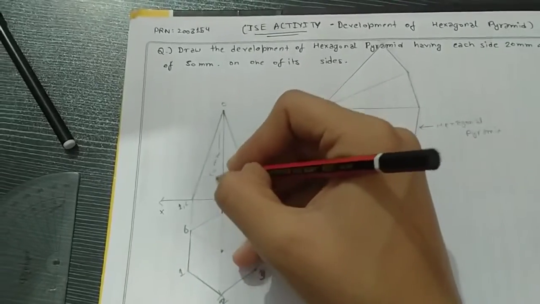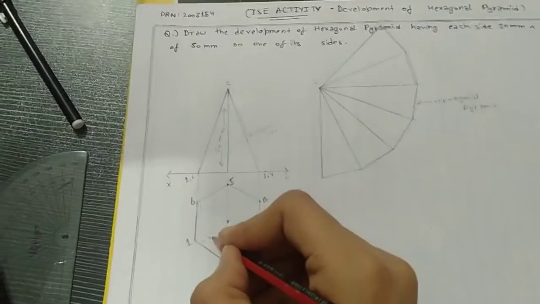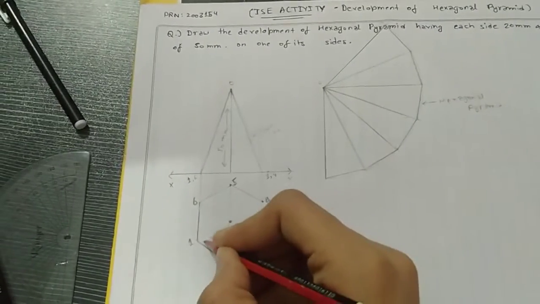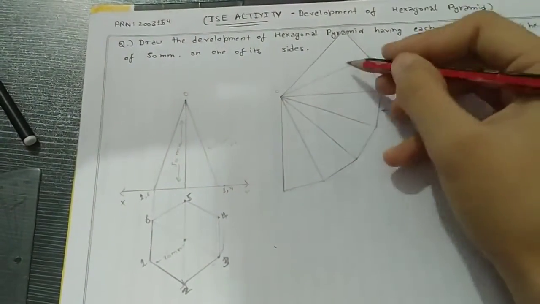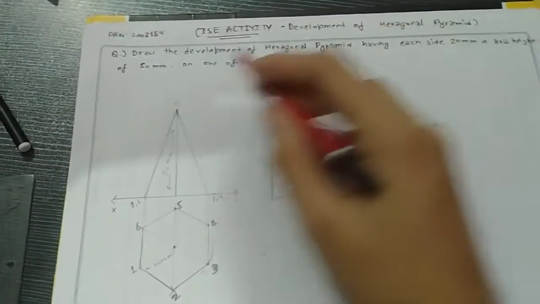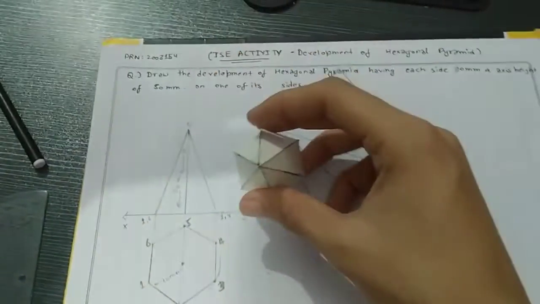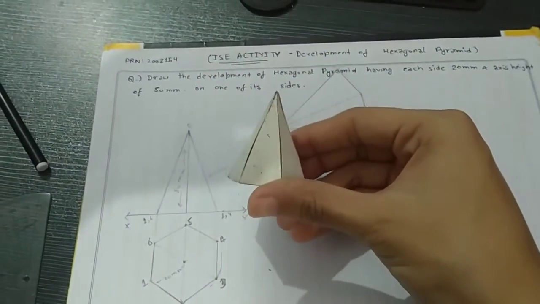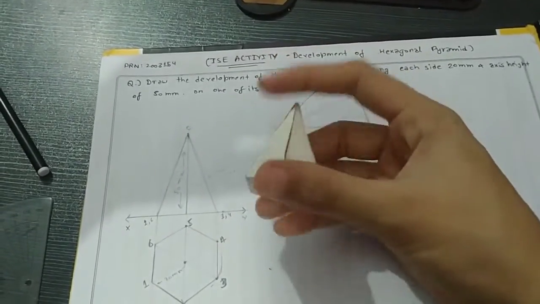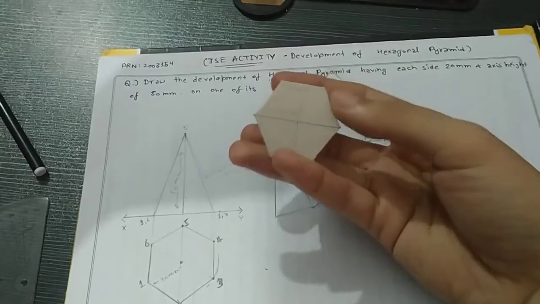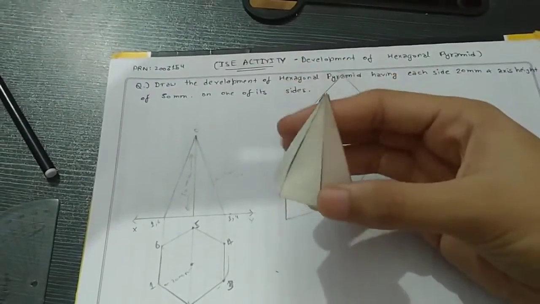Let me mark, this is 50 mm, and this is 20 mm. Now the figure is constructed, as you can see from the help of the question. Now let me show you the figure. The figure will look like this from the top view and the side view. This is the top view, and from the base side you can see the base of the hexagon as shown in the figure and as well in the question.